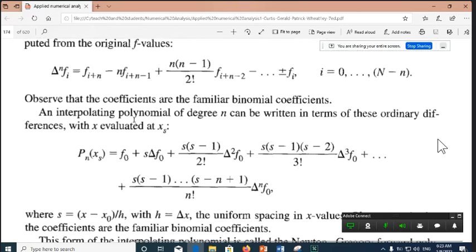An interpolating polynomial of degree n can be written in terms of these ordinary differences with x evaluated as xs.